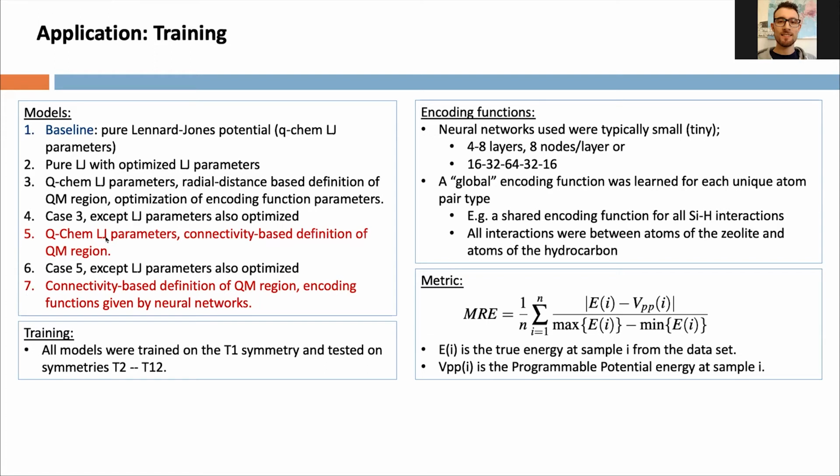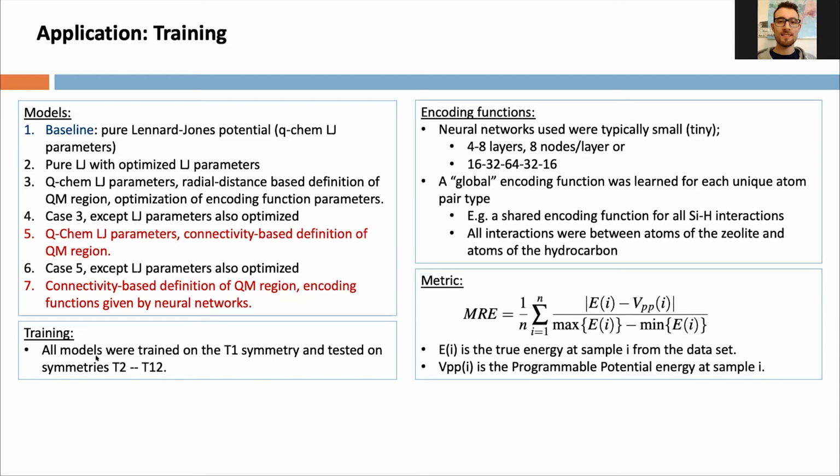Case 5 is Lennard-Jones pairwise potentials, where we use the QChem-provided Lennard-Jones parameters, and this one has the connectivity-based definition of the quantum mechanical region. Case 7 has the same connectivity-based definition of the quantum region, but the encoding functions are given by neural networks. Cases 2 through 4 use a radial-based distance definition of the quantum mechanical region, which intuitively you would assume is the right definition, but apparently the connectivity-based definition is more accurate in simulations.